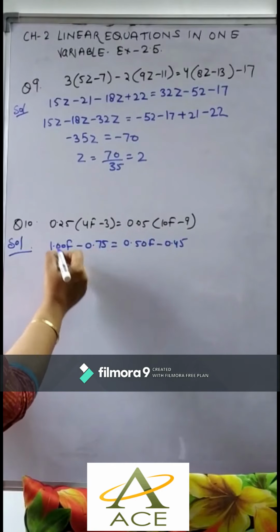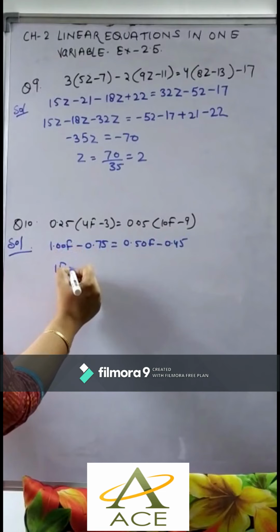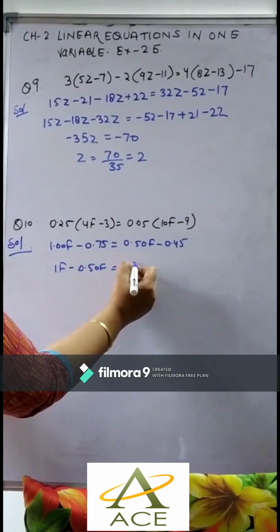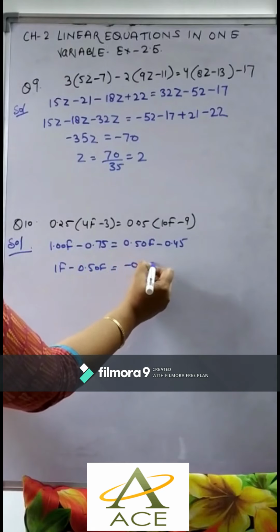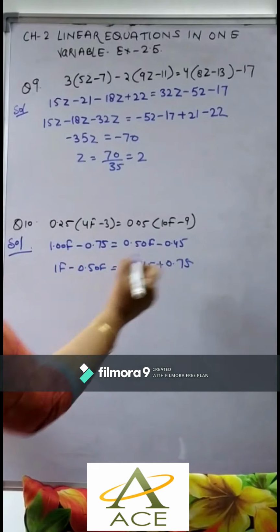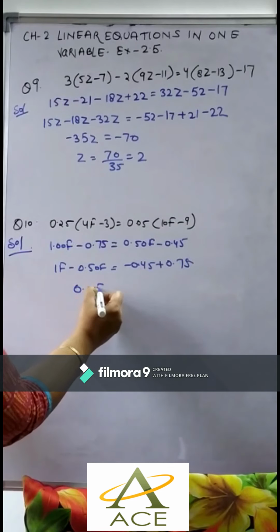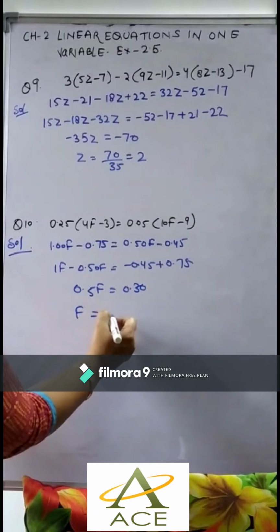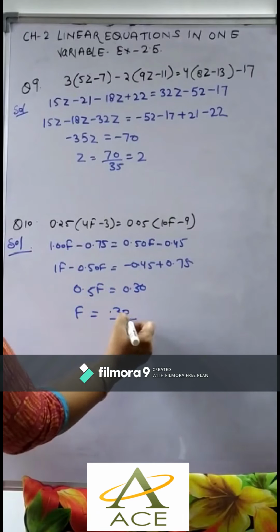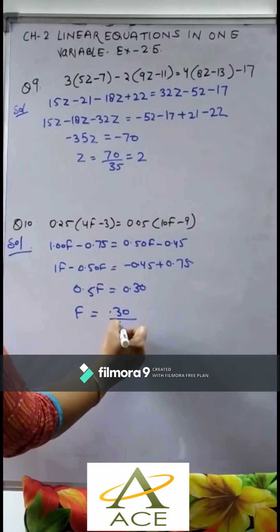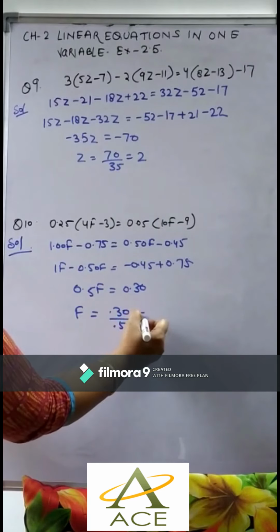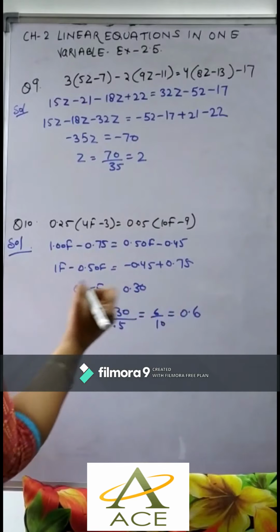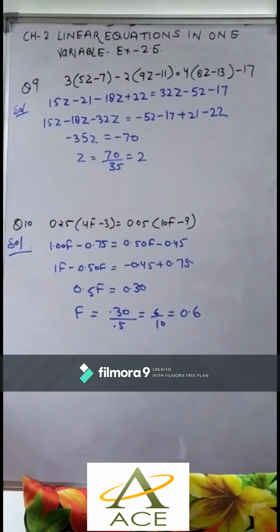Now 1f, we can write it as f also, minus 0.50f is equal to minus 0.45 plus 0.75. 0.5f is equal to 0.30 and f is equal to 0.30 upon 0.5 equals 6 upon 10 equals 0.6. So this is the value of f.